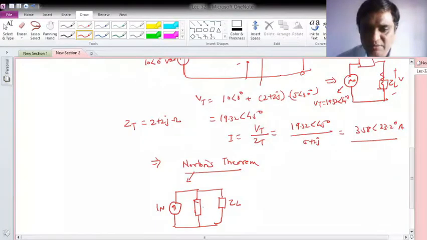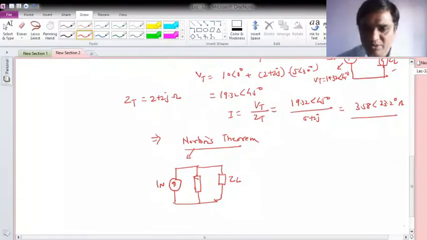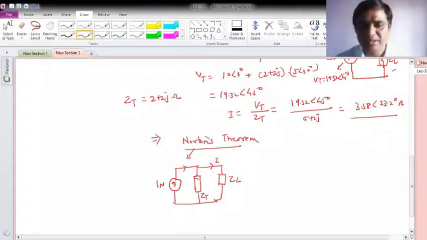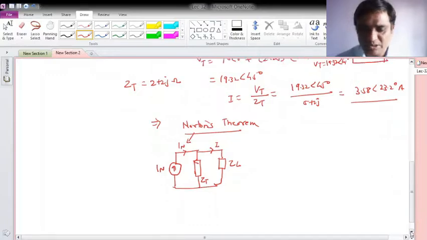Here it is the equivalent impedance, so that can be called Norton impedance, or I will call it Zt only, it doesn't matter. Okay, and this current is flowing this way, and if I am interested in this current, this can be obtained by the use of current division rule. Okay, so IN is your short circuit current, and Zn is equivalent to Zt.